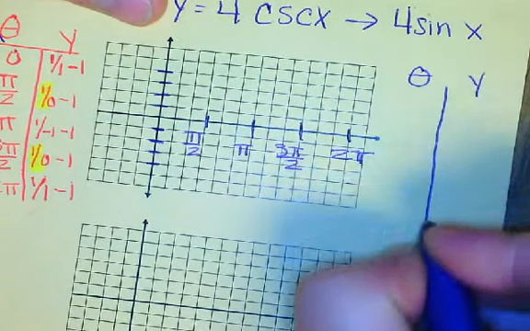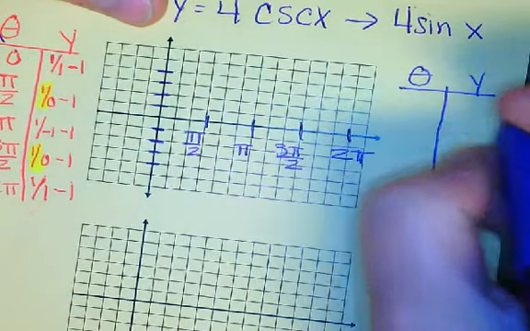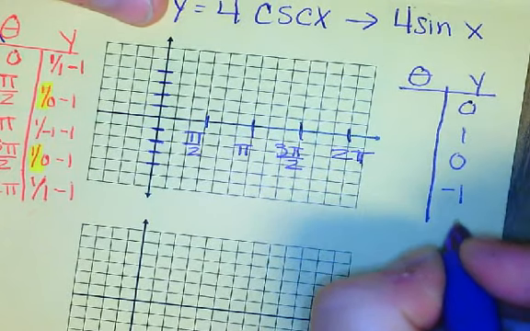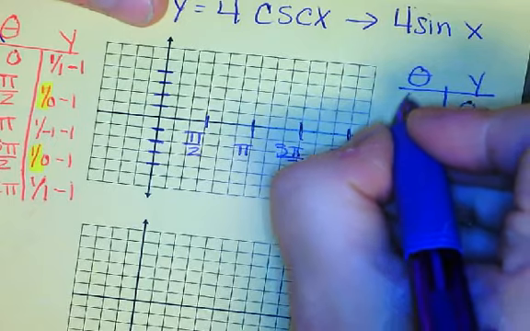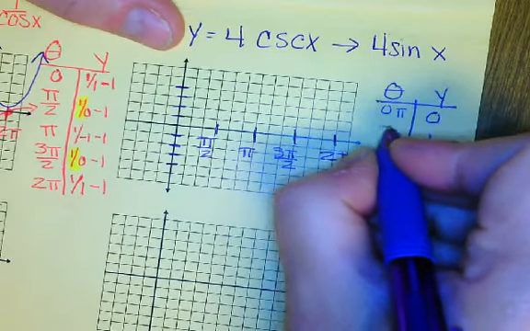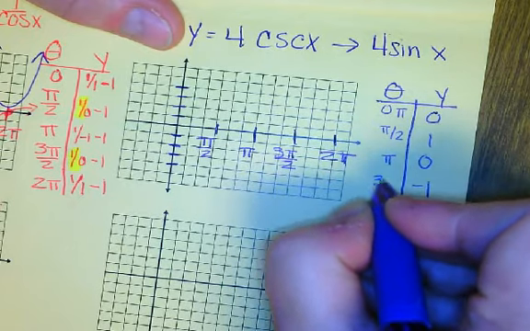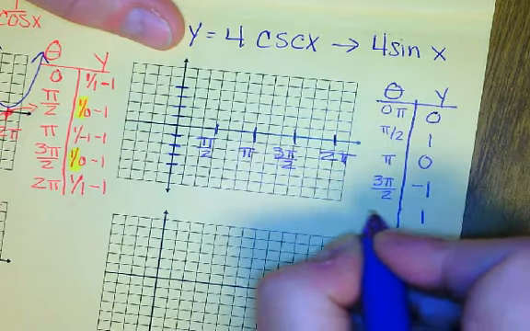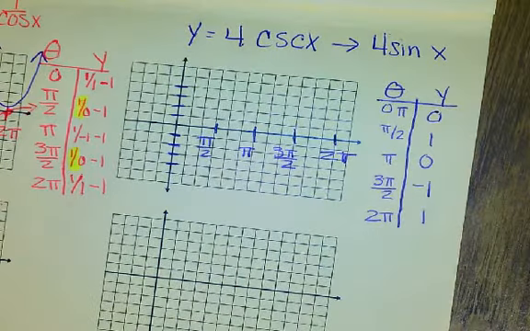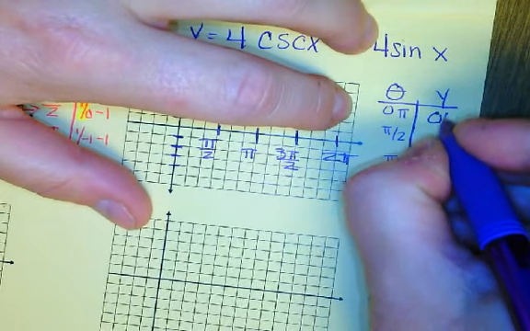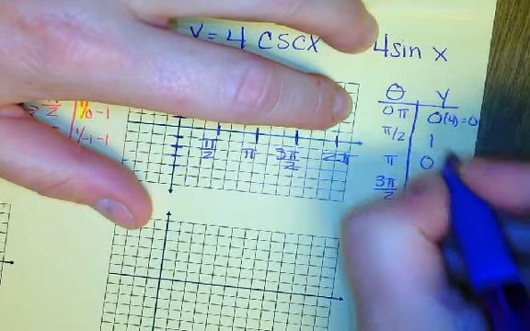Okay, so I'm going to make my sine graph. Remember, sine is 0, 1, 0, negative 1, 1. So this is the 0, pi over 2, pi, 3 pi over 2, and 2 pi. Okay, so what I'm going to do now is take each of those and multiply by 4. So if I multiply that by 4, I get 0.